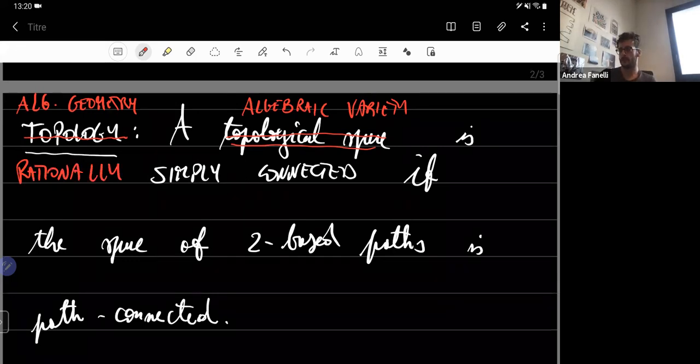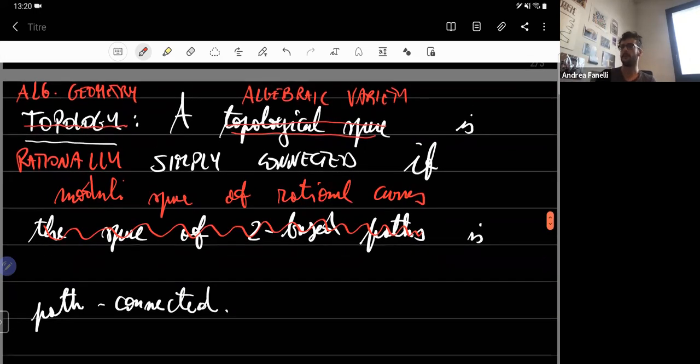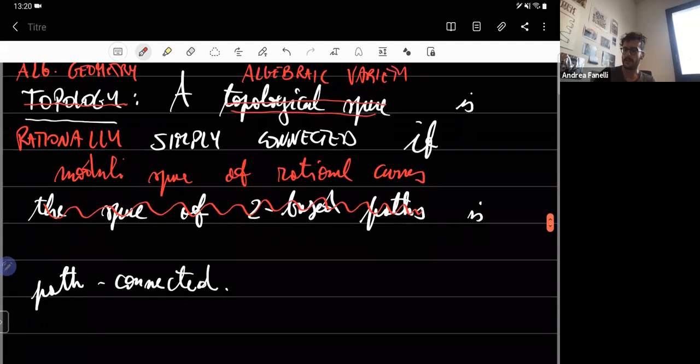You need some replacement for the space of two based paths, and what you look at is the moduli space of rational curves. Let me be very vague here, because if you say moduli space of rational curves, there are so many. Anyway, this is just heuristics. I will give you a precise definition, but this is what you want to replace. The moduli space of rational curves, and path connectedness is going to be replaced by rational connectedness.